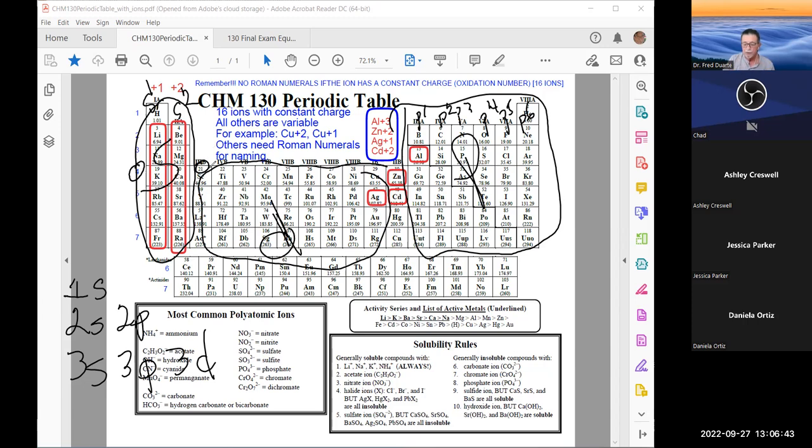So number 21 is in period number 4, but the D orbitals start off with 3D, okay? And it goes all the way across. Then obviously the next one down is 4D, etc. So one energy level less than the energy level that the element is actually in.